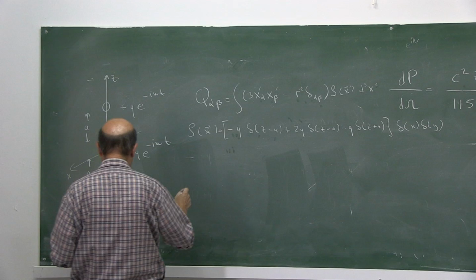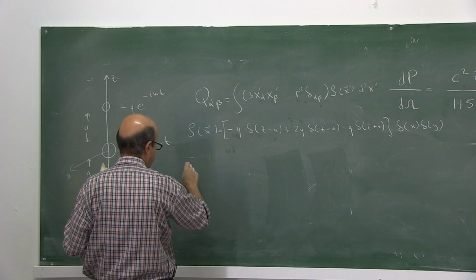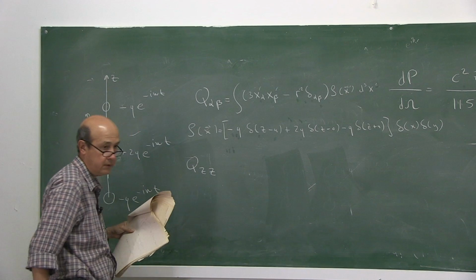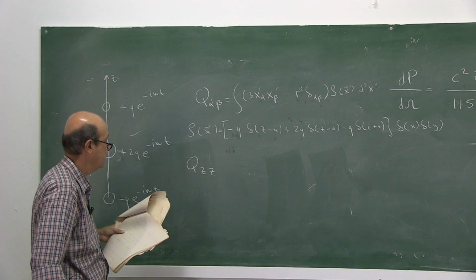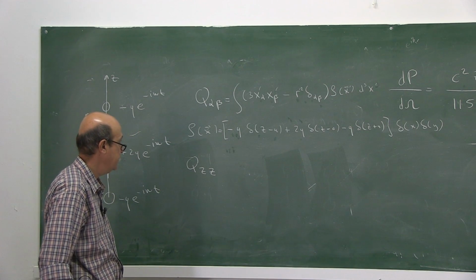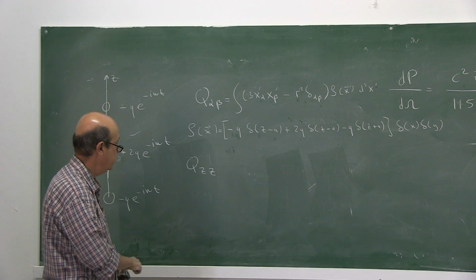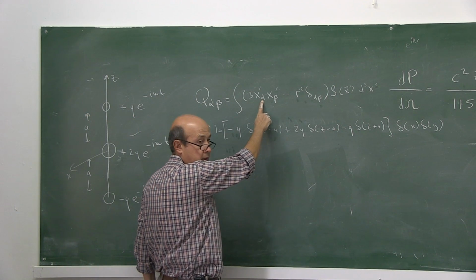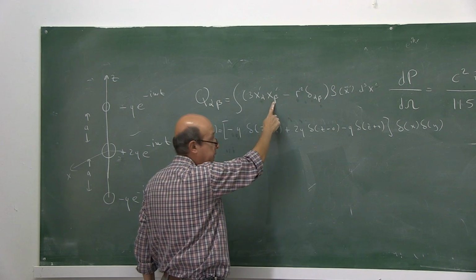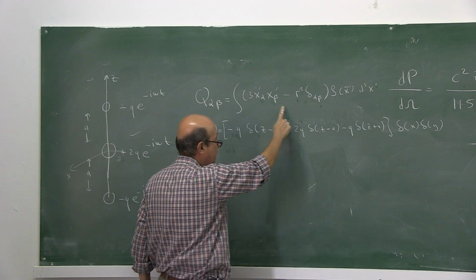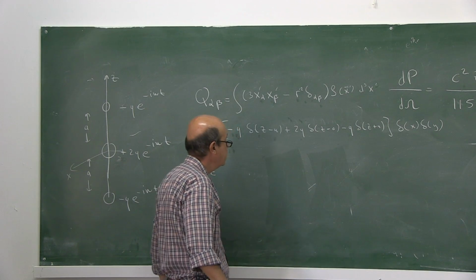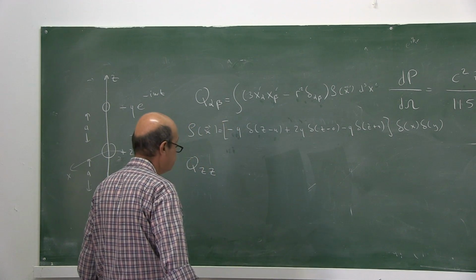So let us do one practice. Q zz, for example. What should be the result of Q zz? Alpha is z, beta is z, and z and z are the same, so that is not equal to 0.